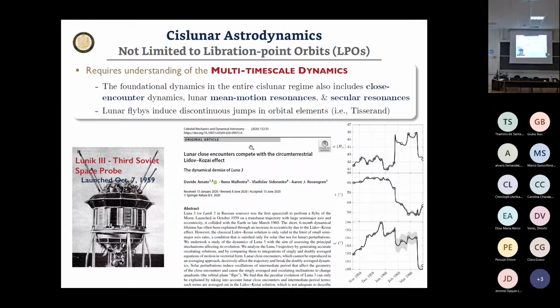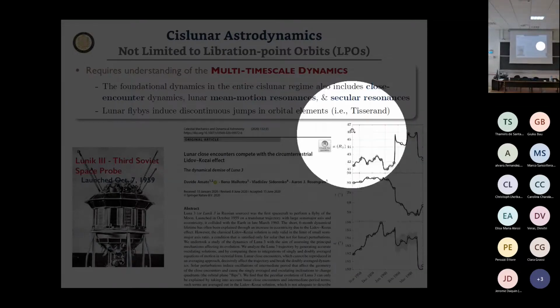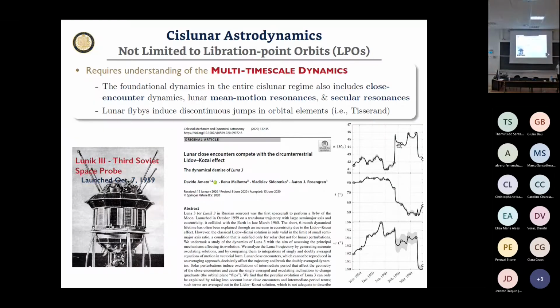Shown in this figure here is the highly perturbed dynamics of a very elongated, distant satellite, the Soviet third space probe, Luna 3, that circumnavigated the moon and suffered 3 close approaches of the moon.